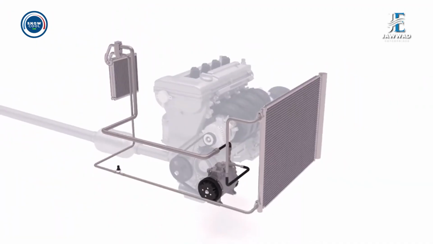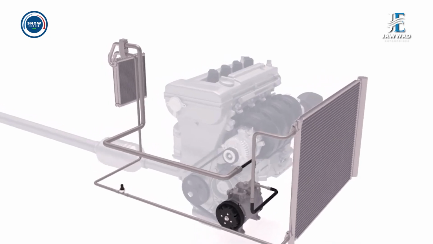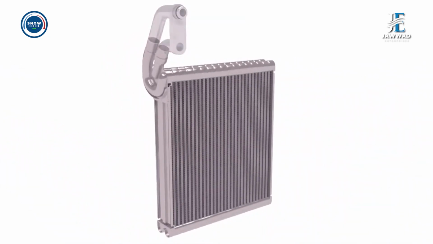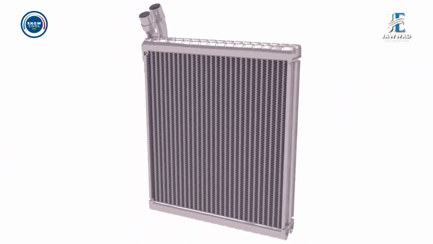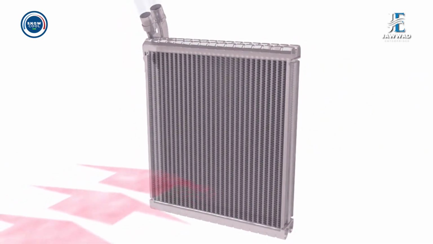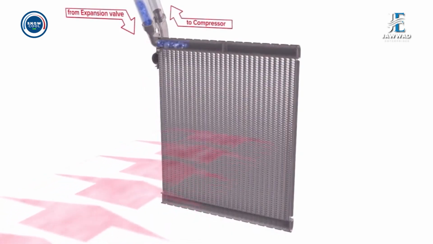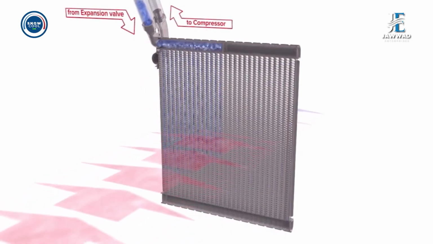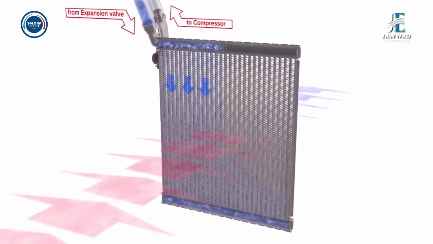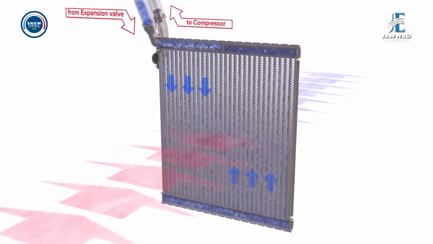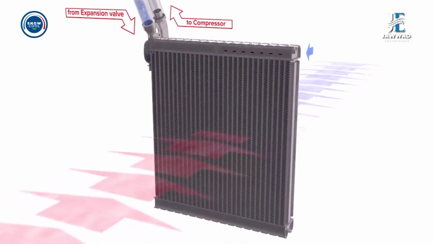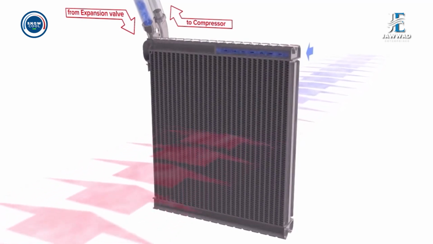The low-pressure mist refrigerant now flows into the last major component of the air conditioning system, the evaporator, which is located within the air conditioning unit. The evaporator consists of a tank, tubing, and fins that are exposed to the air in the passenger compartment. Therefore, heat from the air is able to transfer to the fins and it is then absorbed into the refrigerant mist.